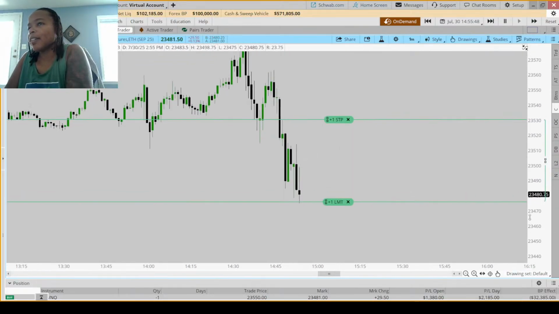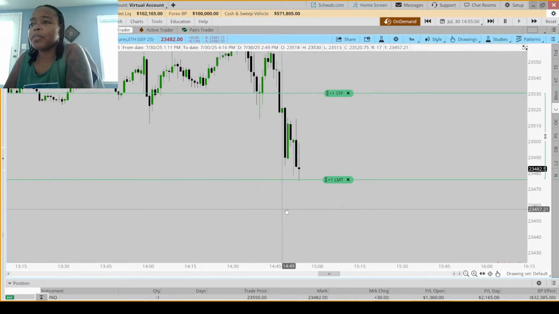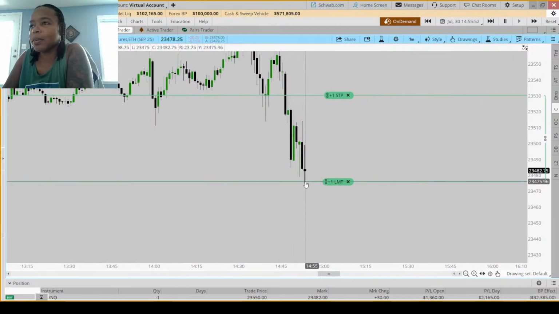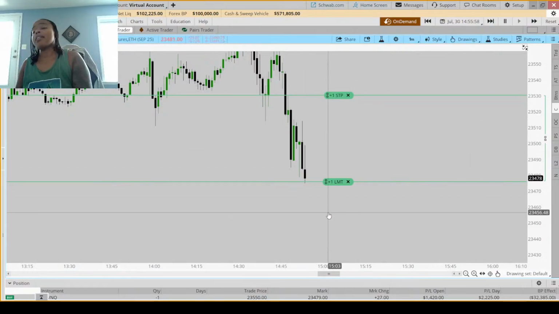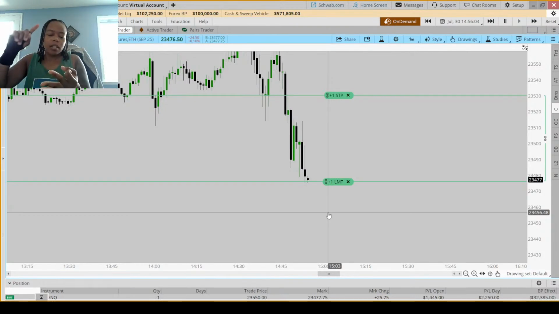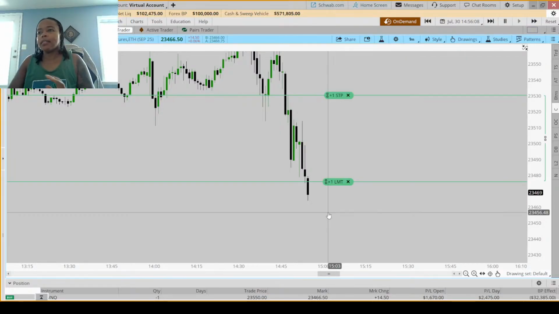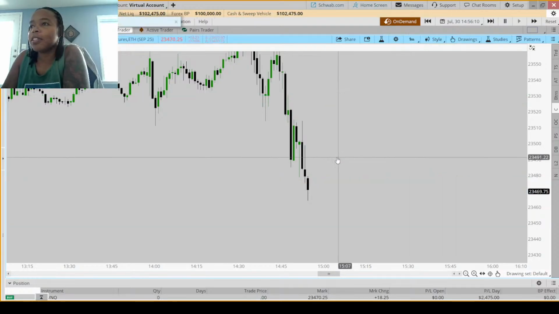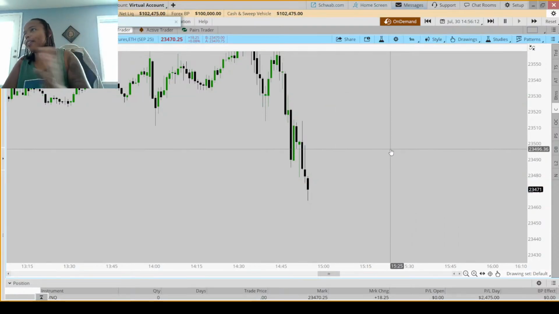But this is like a demo front space. So it tapped through it. It would have closed it, but it hasn't closed it yet on this one. But yeah, look at that. Good setup. Sweep, shift, and enter. That's all I need. Sweep, shift, enter. And then there we go.